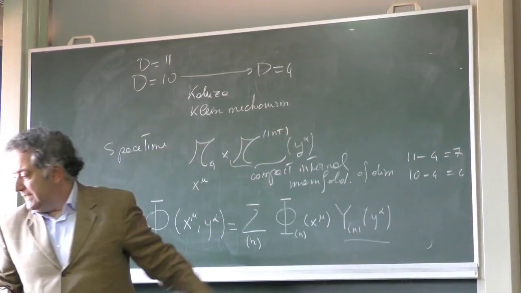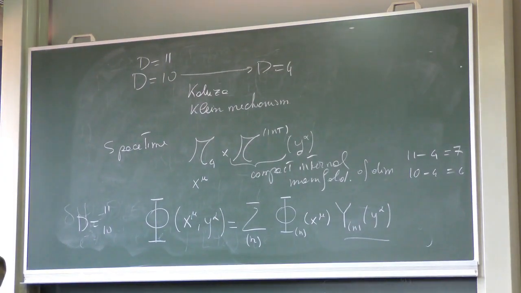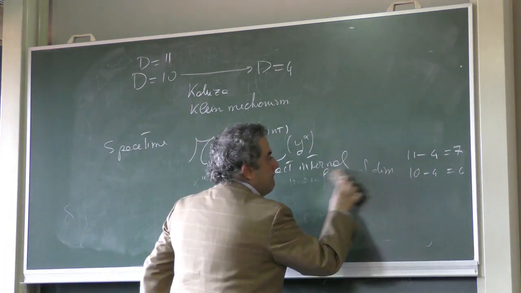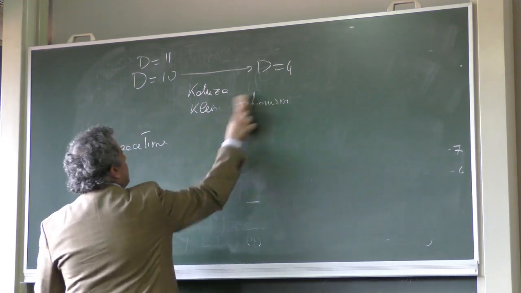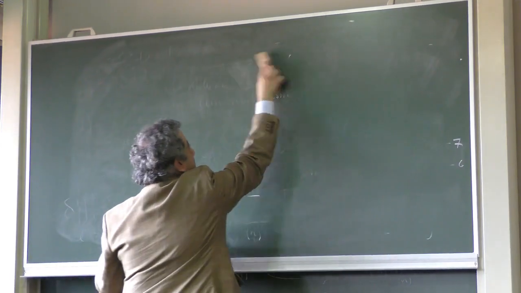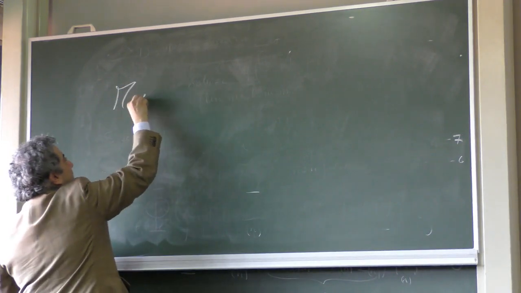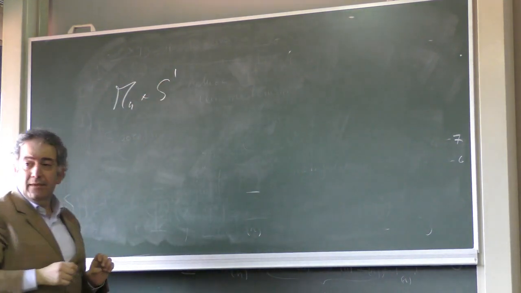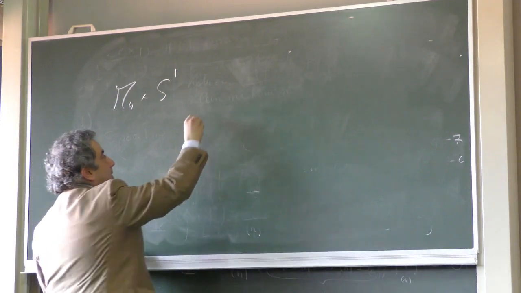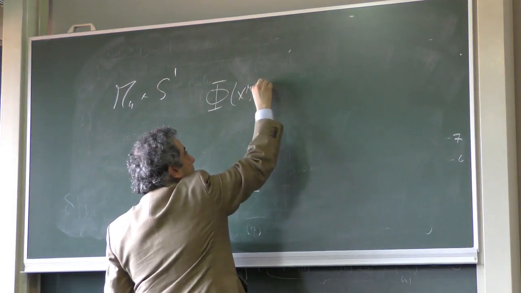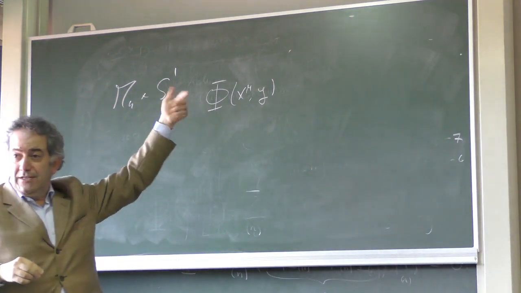Simple example. Let's consider fields on a circle, 4 times S1. You take in 5 dimensions your fields, they depend on these extra coordinates on S1.